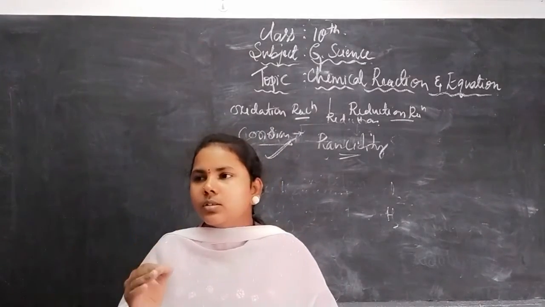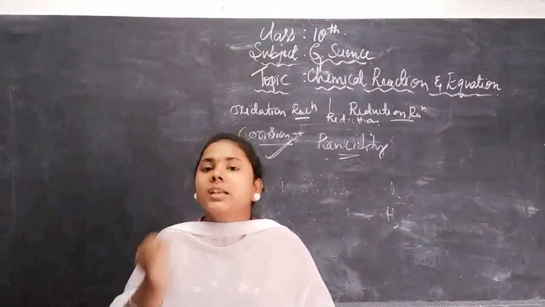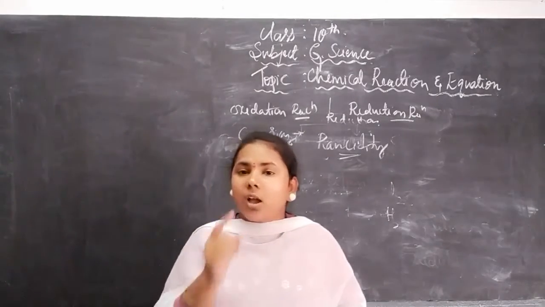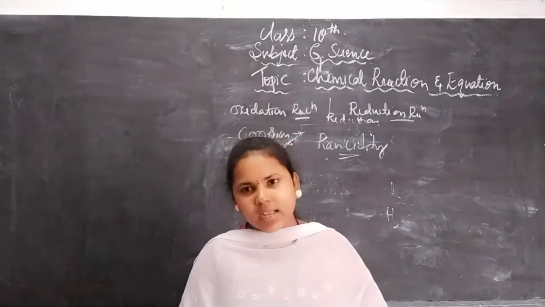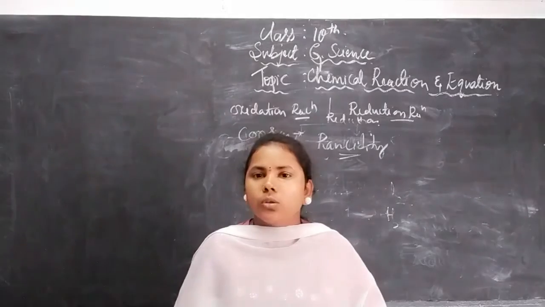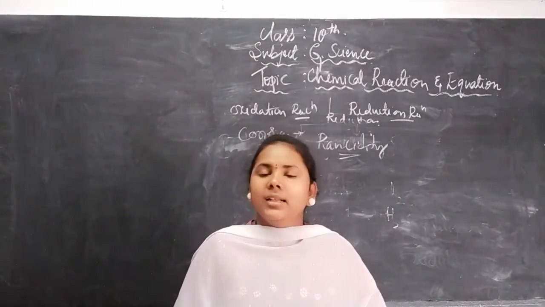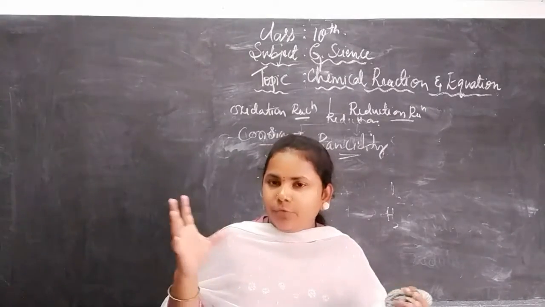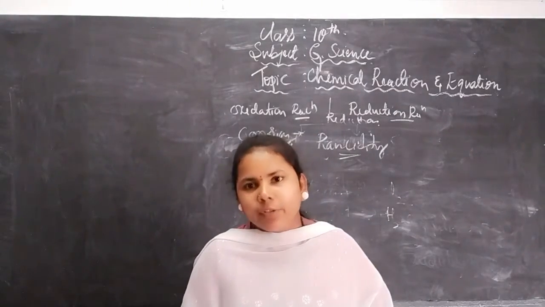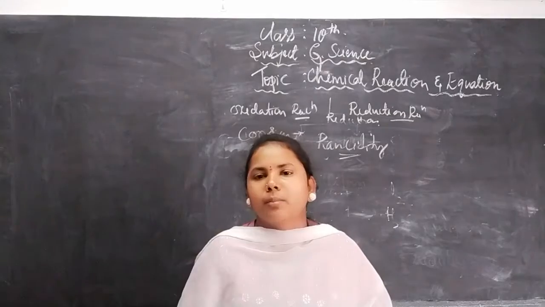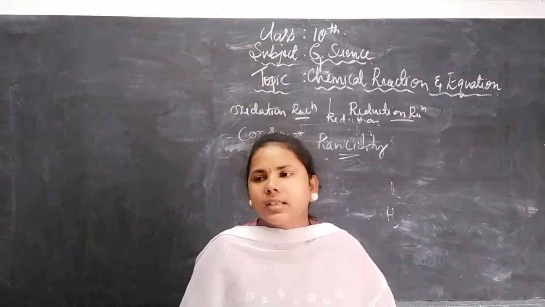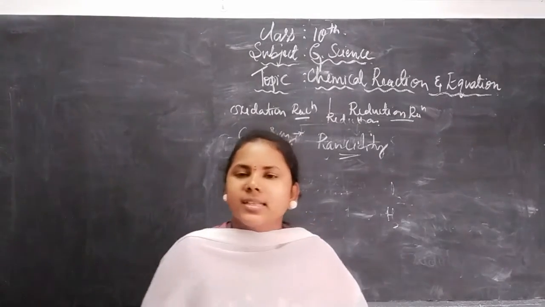So this is the importance of chemical reactions as well as oxidation. I hope you understand. Please go through the examples in your textbook and come back with your questions. I will definitely answer. You can text me, message me, or give me a call.